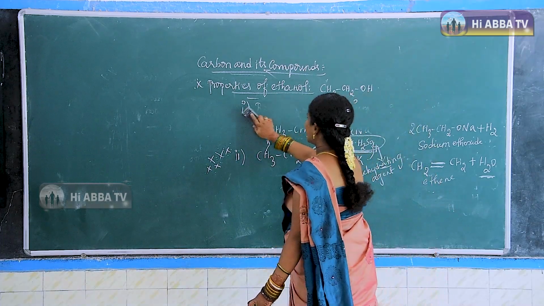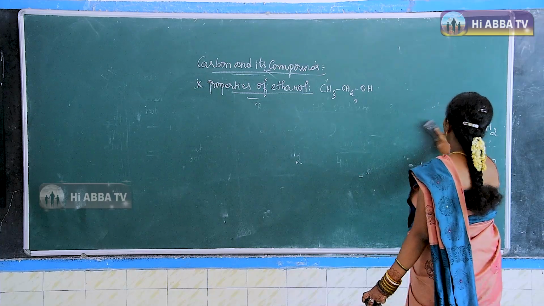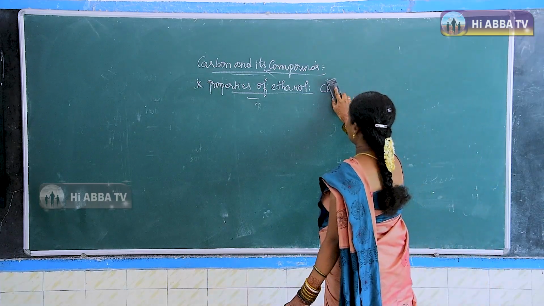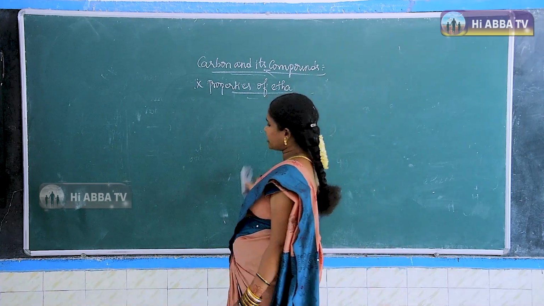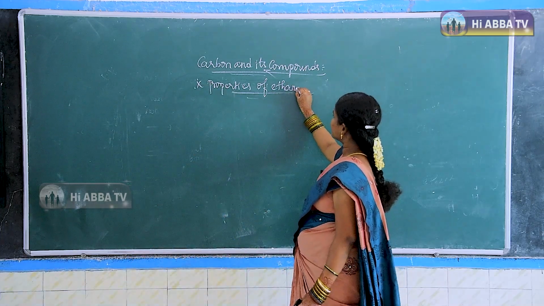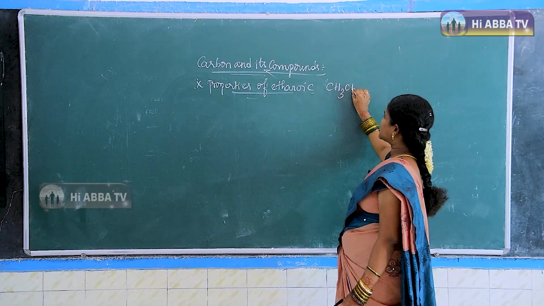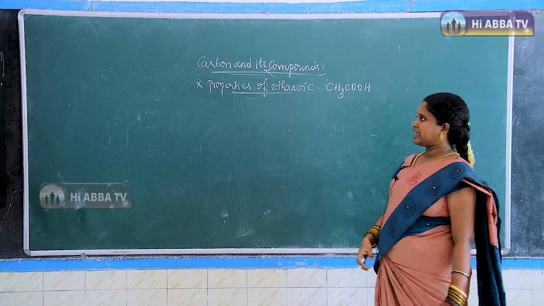Next we are going to see the properties of ethanoic acid. You can expect an important 5-mark or 3-mark question. Okay. So properties of ethanoic acid. What is the formula for ethanoic acid? CH3COOH, which is otherwise termed as acetic acid.